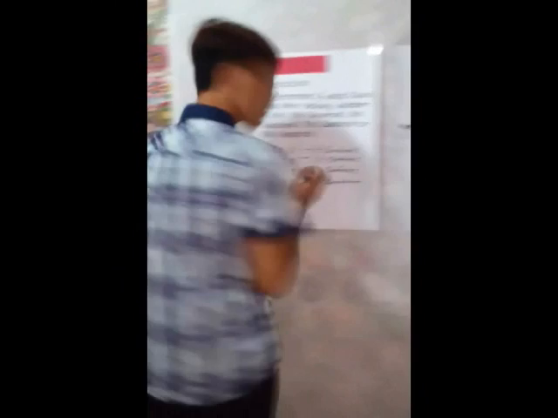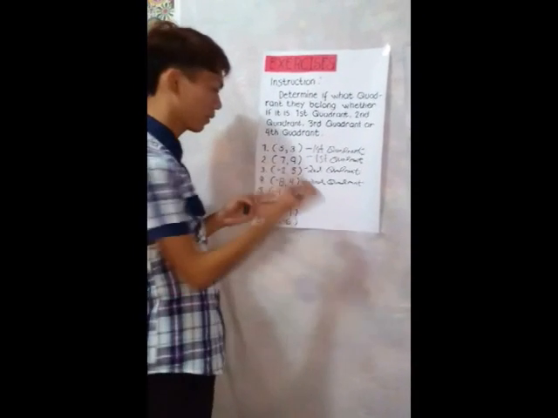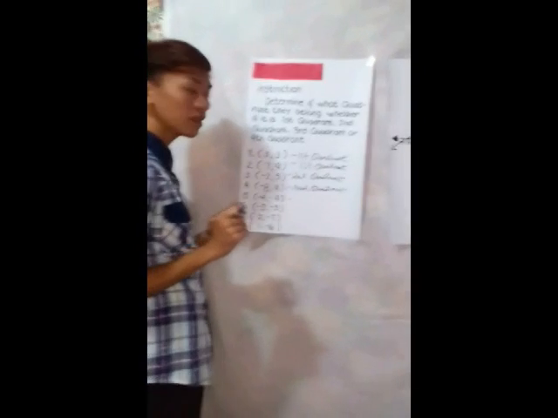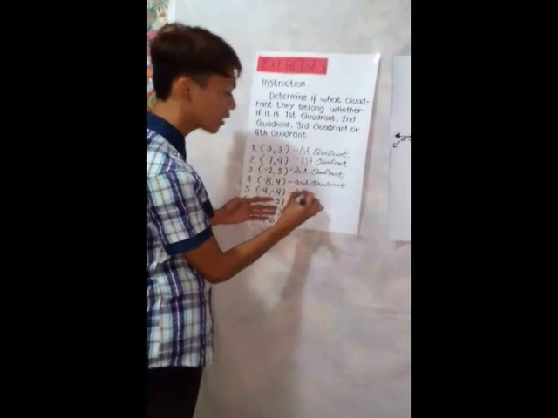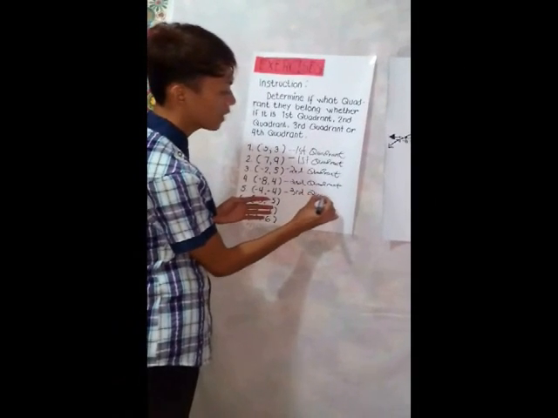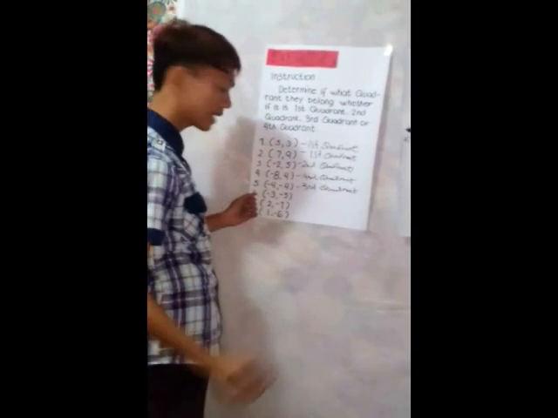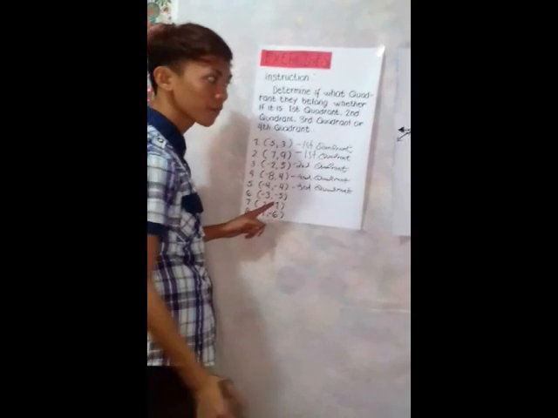Next, number 5, they're both negative. What quadrant do they belong to? Yes, you're right. They belong to third quadrant. And number 6, they're negative 3 and negative 5.